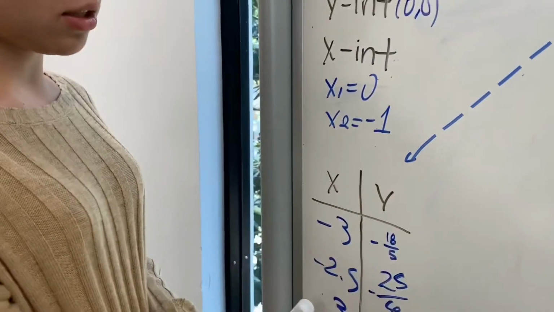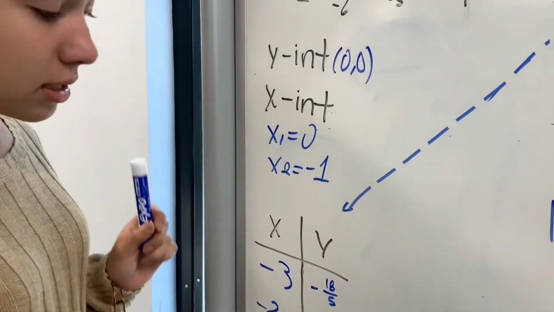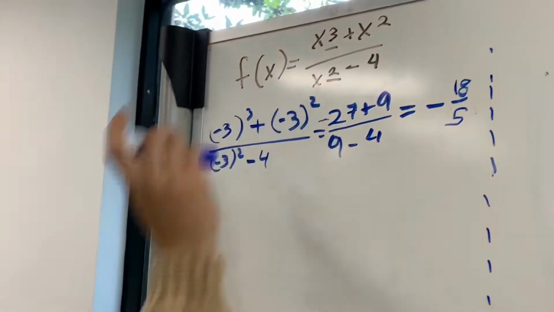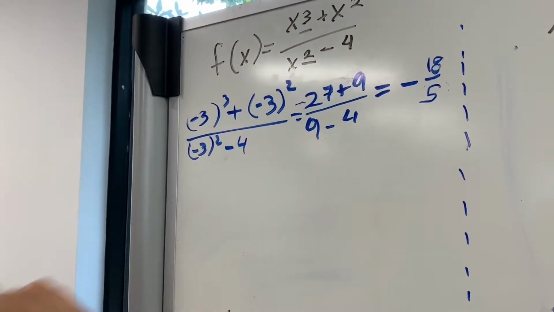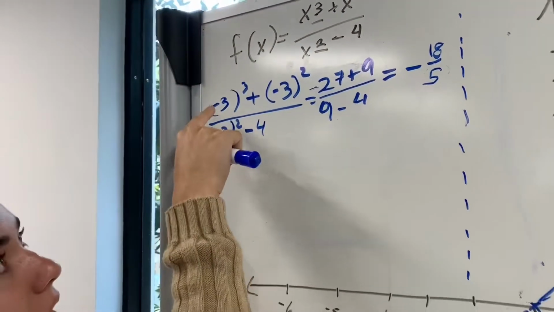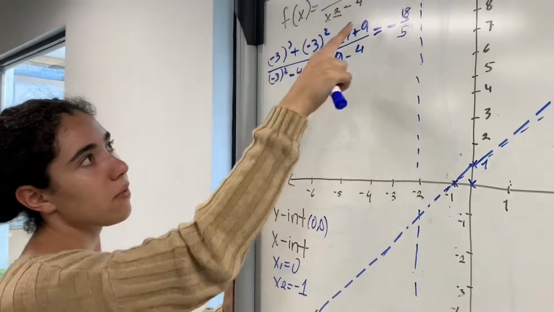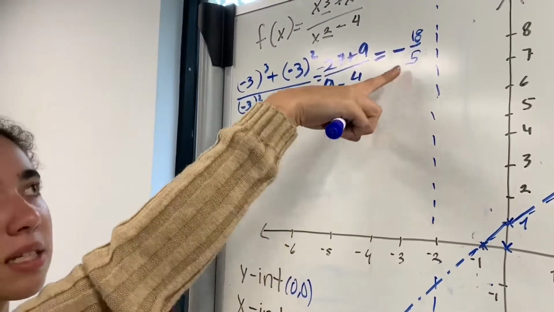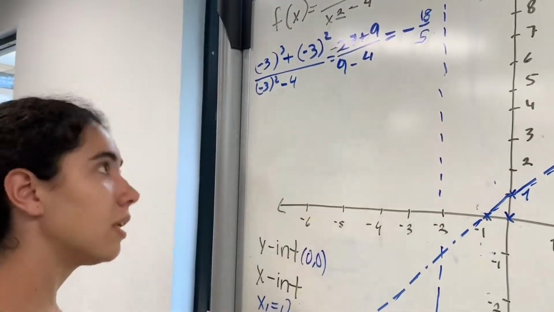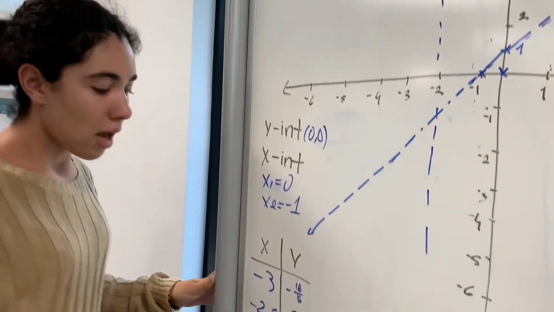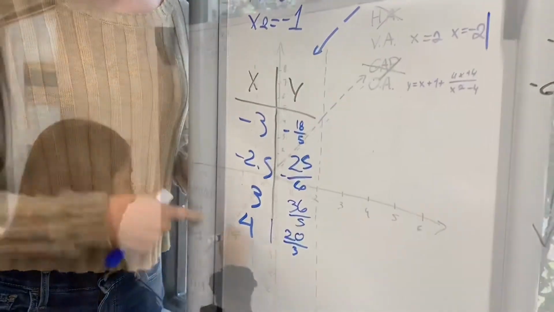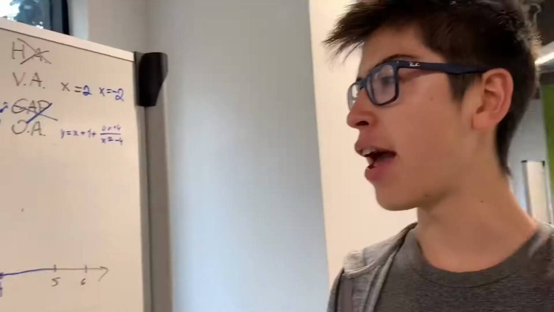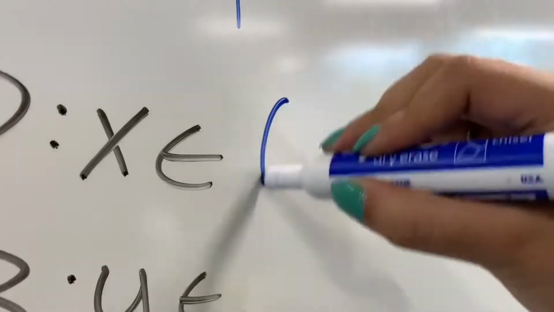In order to get these values, we substitute x by, for example, minus 3, and it gives us this. This answer gives minus 18.5. We put it right here, and we do that with every single one of them. Now we have everything to do the graphic, and once the graphic is done, we can do the domain and the range.